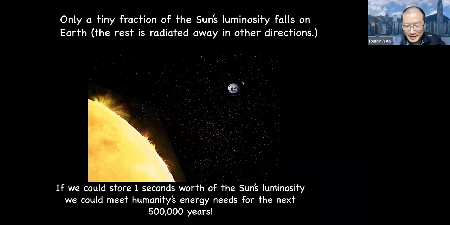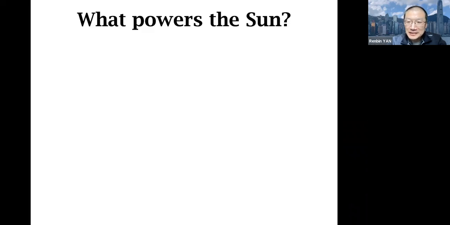Remember, the luminosity is the energy in all directions, from the whole surface area. If you are able to store 1 second of the total luminosity, we could meet humanity's energy needs for the next 500,000 years. But we don't have that technology now, and it's going to be far in the future that one day we may be able to do that.